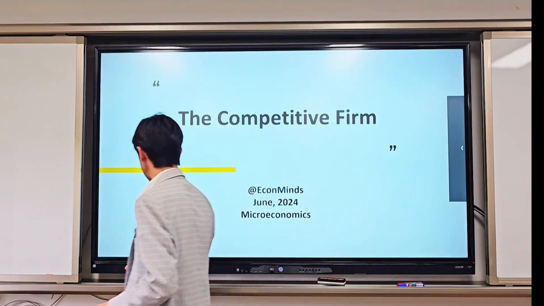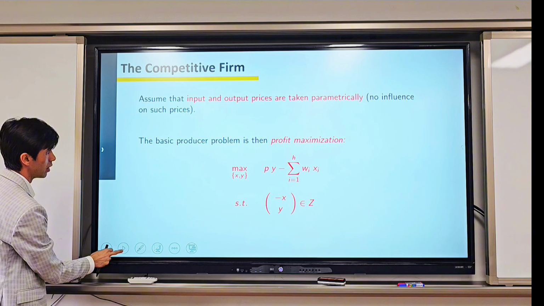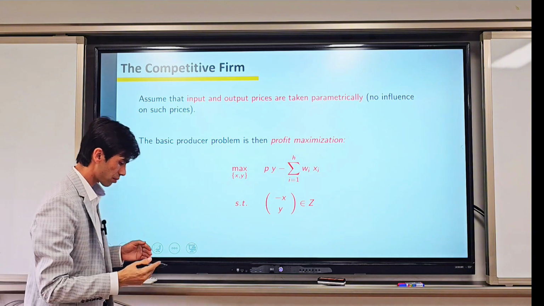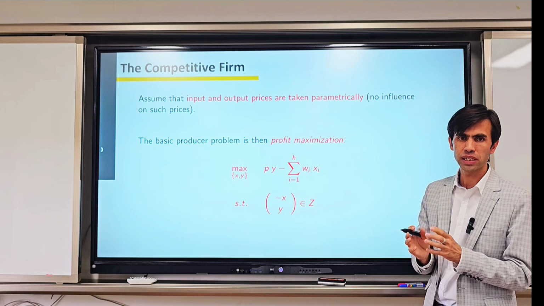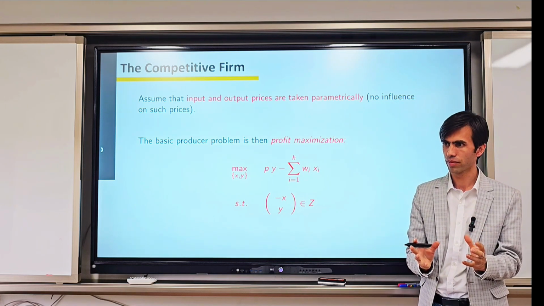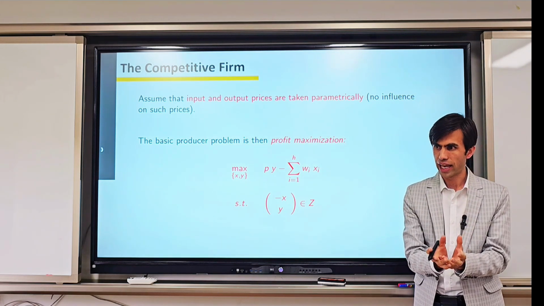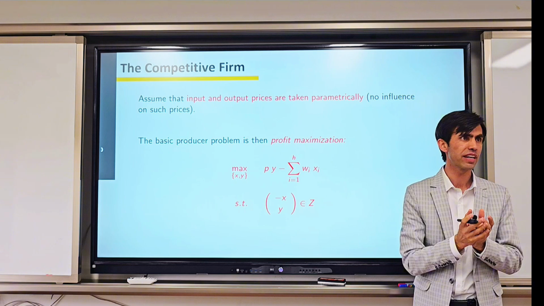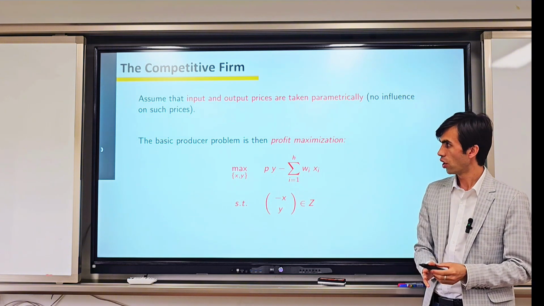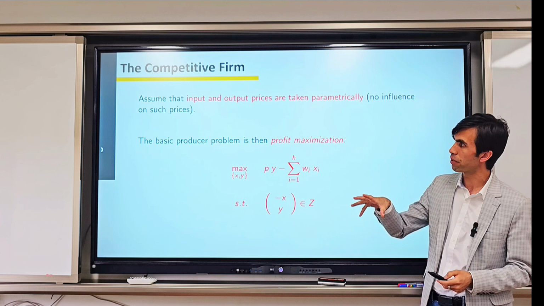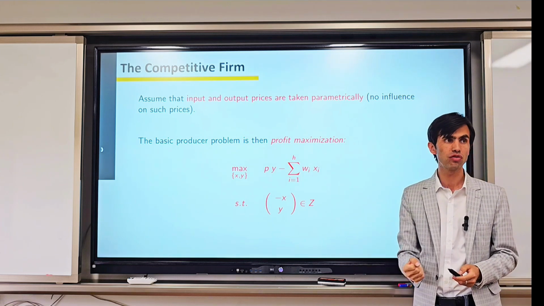In the case of the competitive firm, it means the firm operates in a perfect competitive input and output market. When we are operating in a perfect competitive market, it means we are price takers.